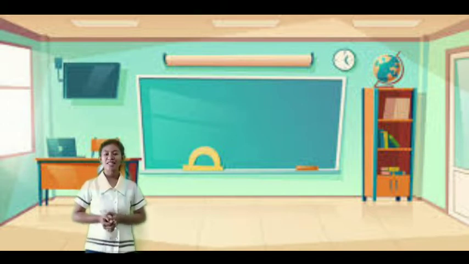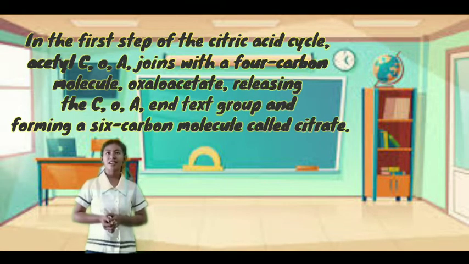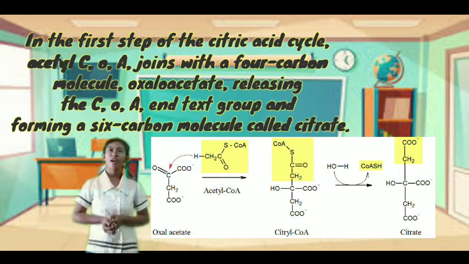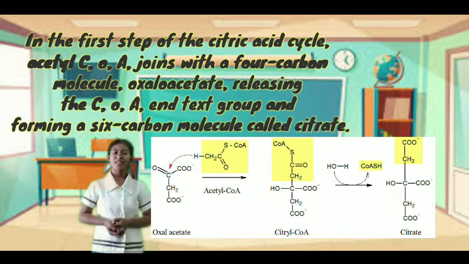Here are the steps in the Krebs cycle. In the first step of the citric acid cycle, acetyl CoA joins with a 4-carbon molecule, oxaloacetate, releasing the CoA group and forming a 6-carbon molecule called citrate.